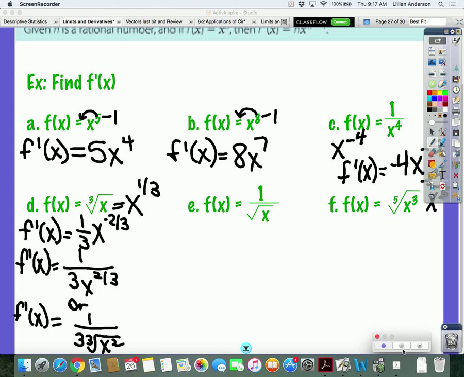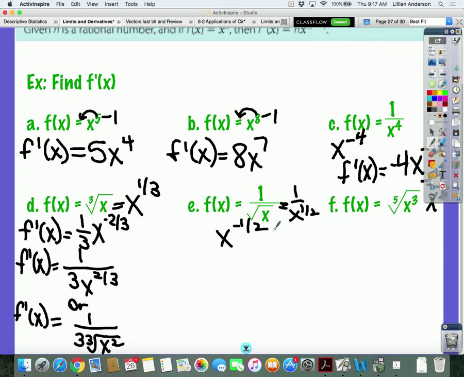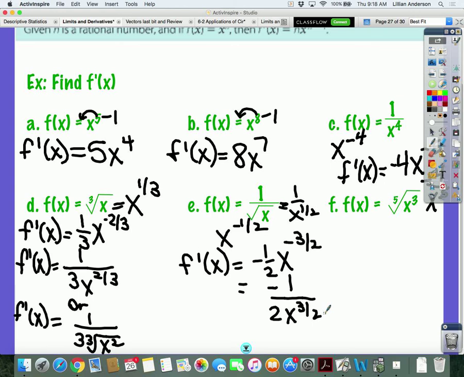Alright, with these, okay, remember that this can be turned into 1 over x to the 1/2. Then you can bring it up to the numerator by making it negative. So then your derivative would be a negative 1/2 x to the negative 3/2 if you were to subtract 1. Make the exponent positive, so it would be negative 1 all over 2 x to the 3/2.